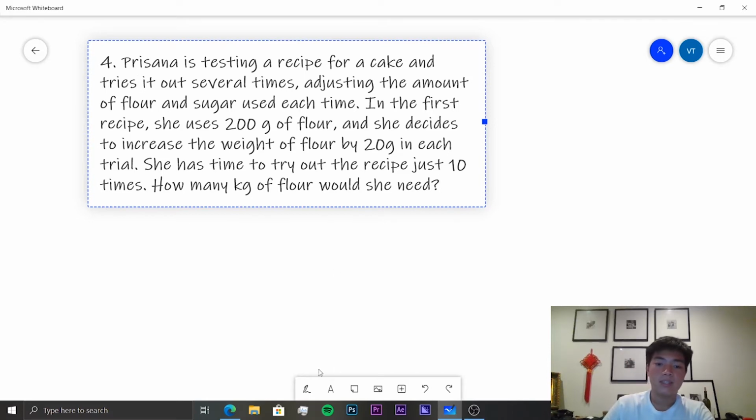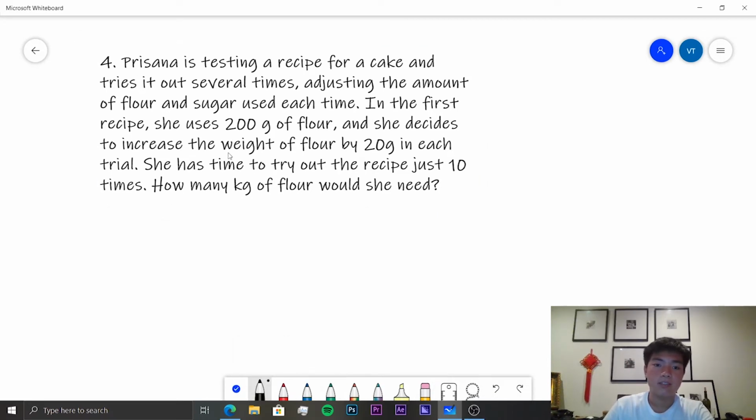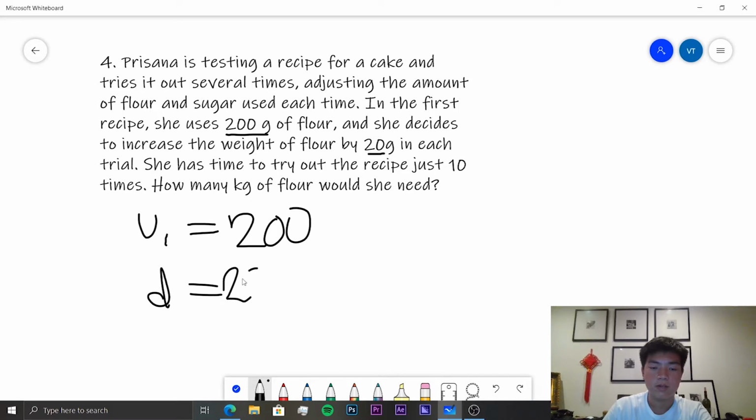Okay, so we can get a very simple series from this. As we can see, our starting term is 200. And our common difference, since it's an arithmetic sequence, is 20. So we need to get the sum of the first 10 terms.